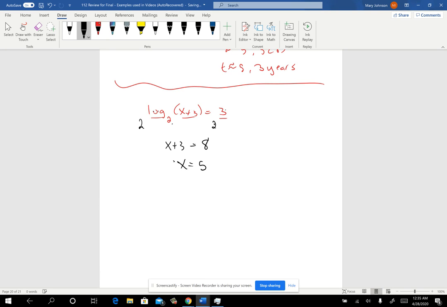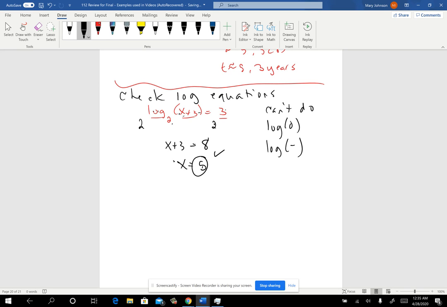And you do need to check these. Check all log equations. Okay. Right? You can't do the log of 0, and you can't do the log of a negative. But when you plug a 5 in, that gives you a positive 8, so that should be okay. This was number 45.